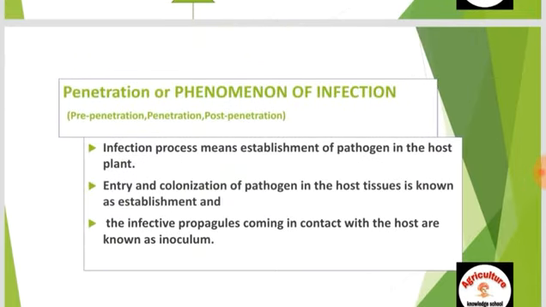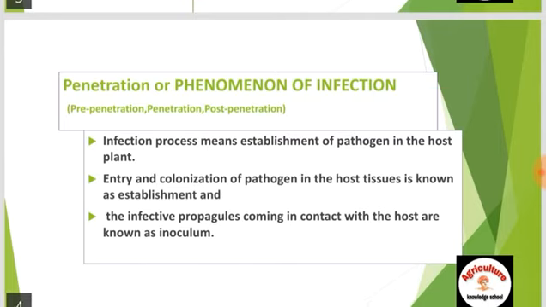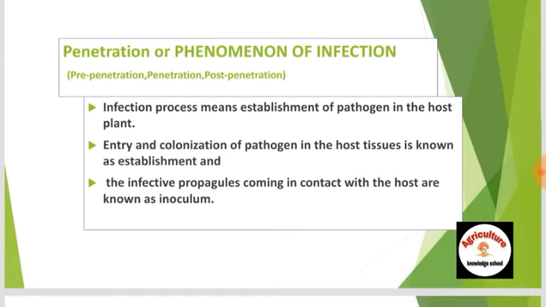So we'll discuss first penetration, or the phenomenon of infection. Penetration is of three types: pre-penetration, penetration, post-penetration. The infection process means establishment of the pathogen in the host plant.